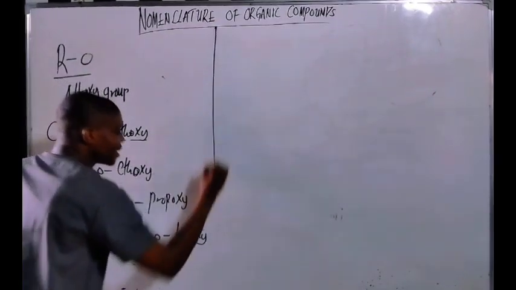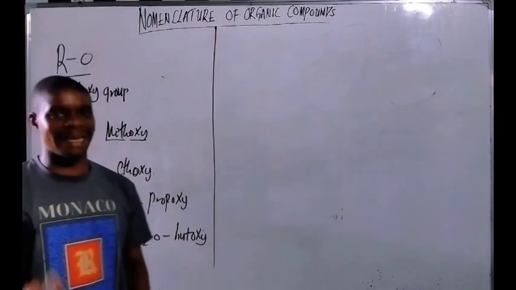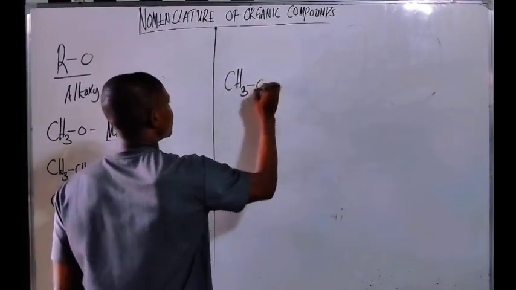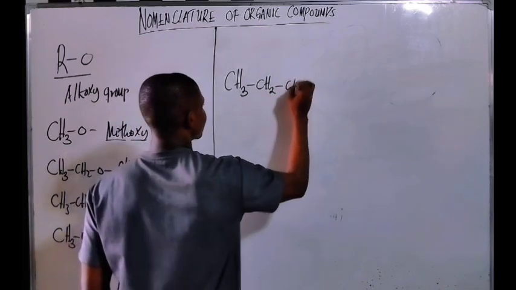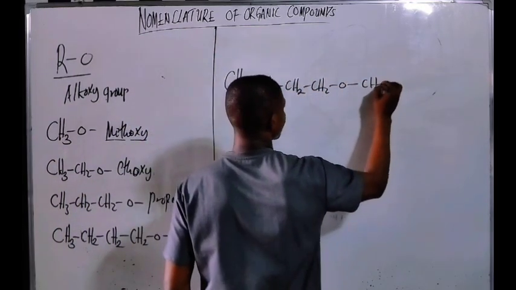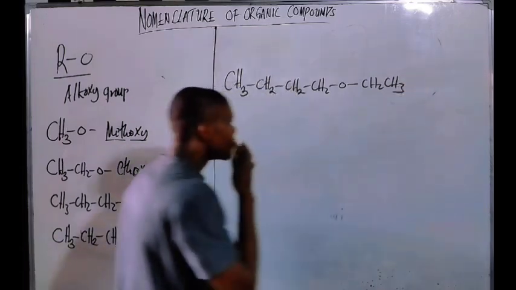Now if you have something like this, here's how you are going to name it as an alkane. For example, here we have CH3CH2CH2CH2, then O, then CH2CH2.